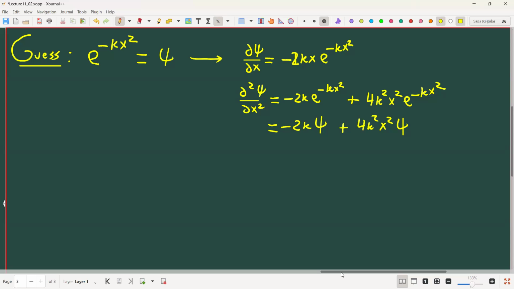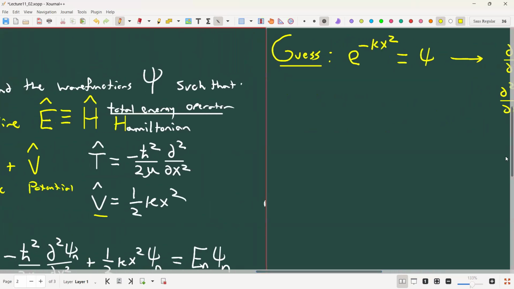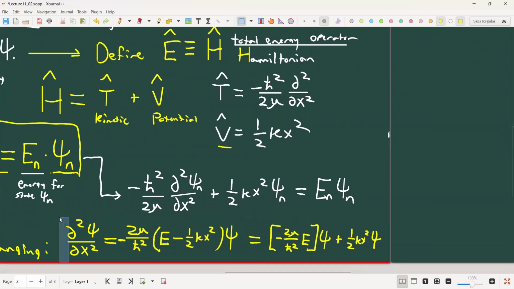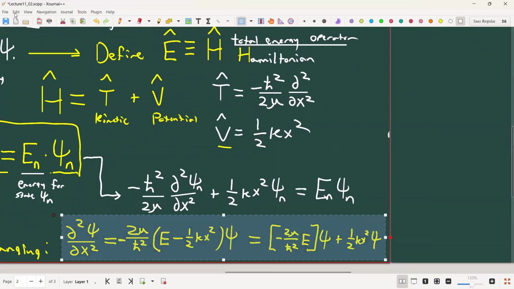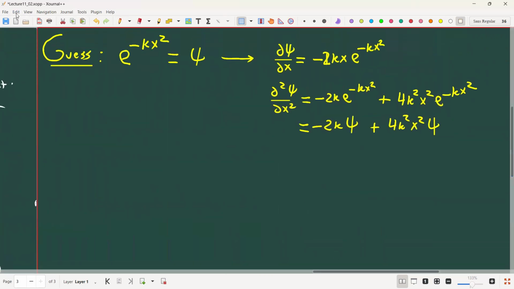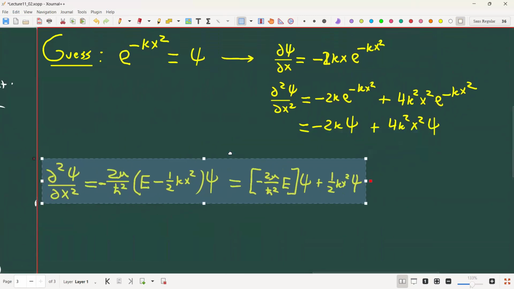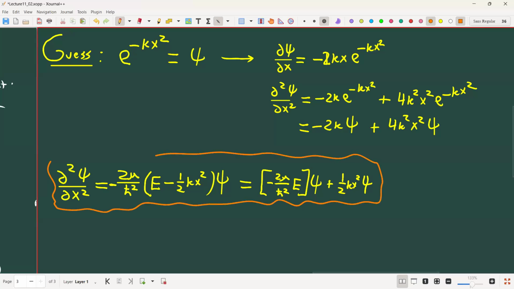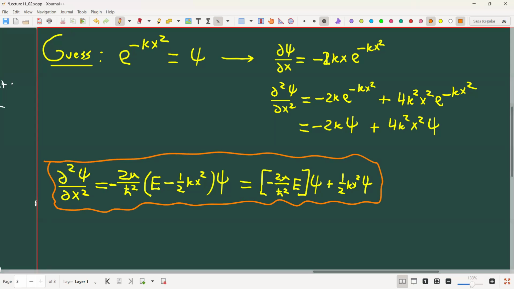Let's just double check that. I'll move over the Schrodinger equation one more time, so we have it to compare. This is our expression. Right, and what do we have? Well, it says that when we take the second derivative, we get some number times psi.